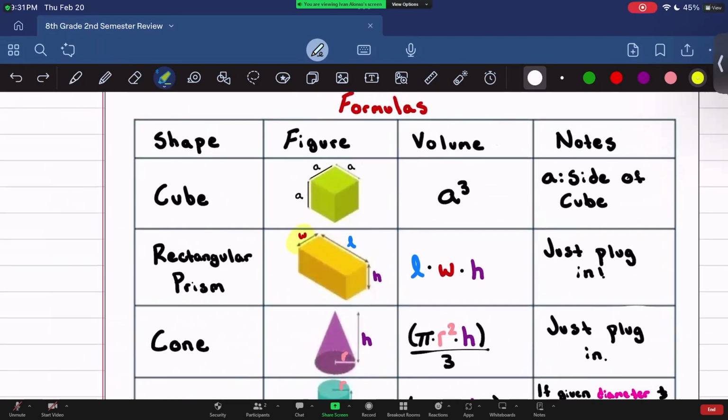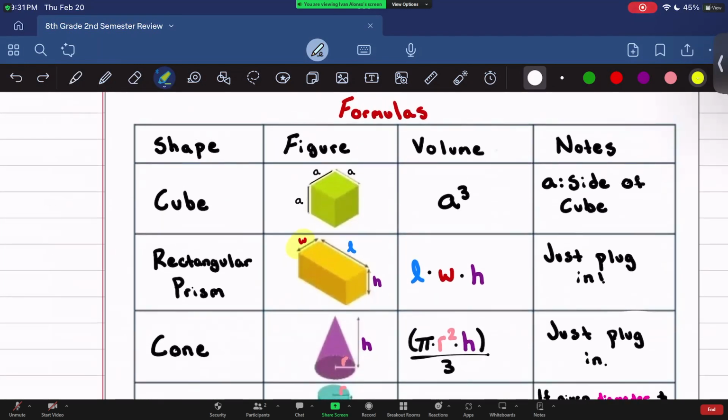Next, we have a cone. Okay, and here's another thing. This formula can also be 1/3 times pi r squared times h. Okay, I personally think it's a little bit confusing when it's written like that. So I do pi times r squared times h all over 3. Okay, remember PEMDAS? There's a parentheses there.